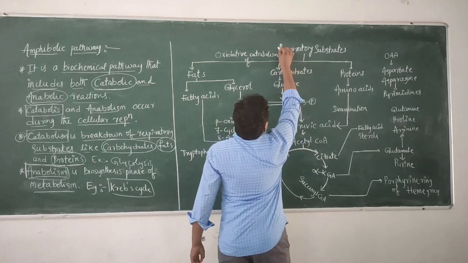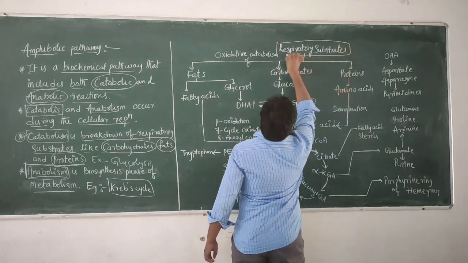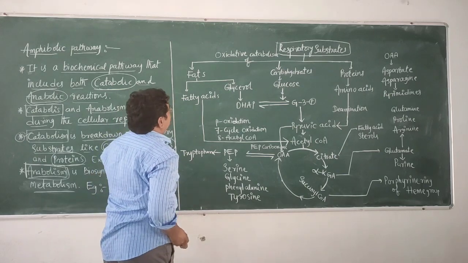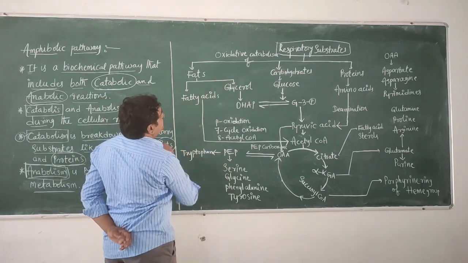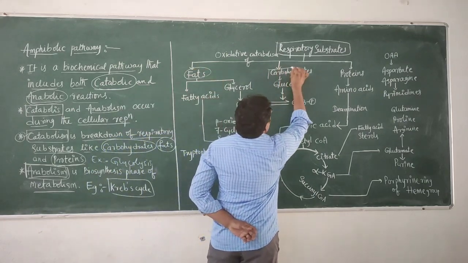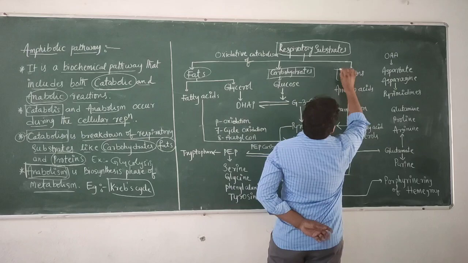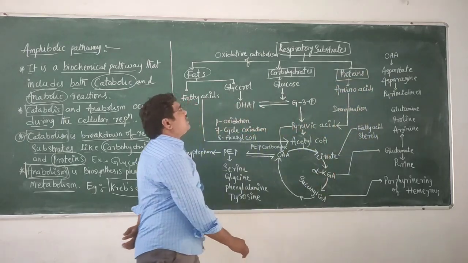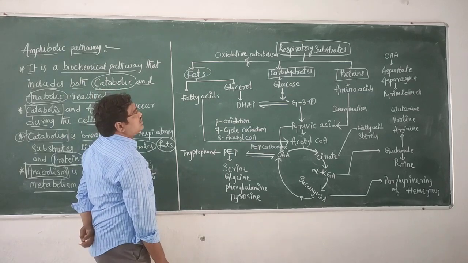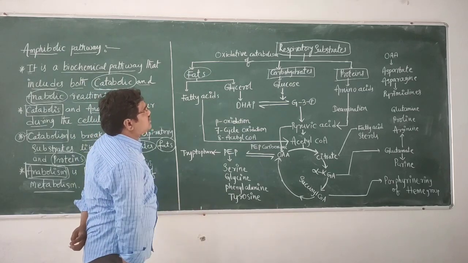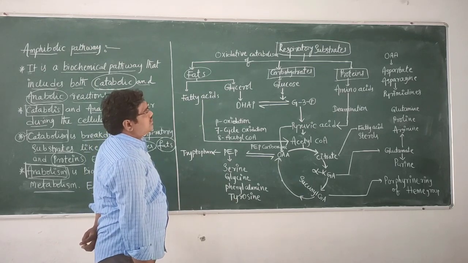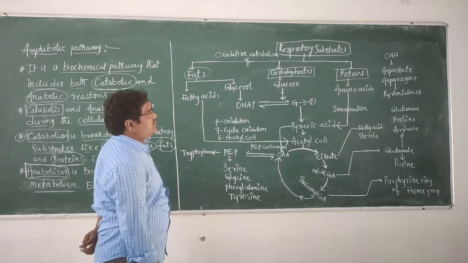Basically, there are 3 types: the first one is fats, the second one is carbohydrates, the third one is proteins. These 3 types of respiratory substrates undergo the oxidation process, then break down into simpler molecules.